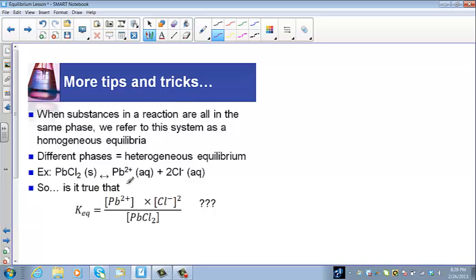So is it true that our equilibrium expression would be the concentration of Pb times the concentration of Cl- raised to the second over the concentration of PbCl2? Is that true? It is not.